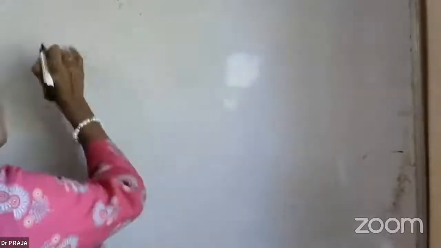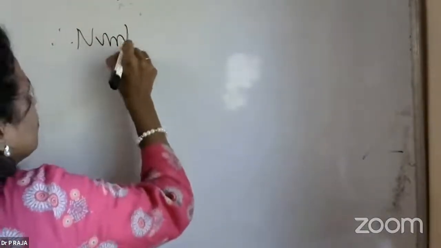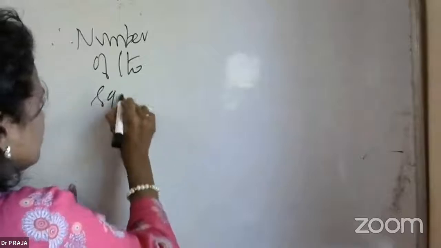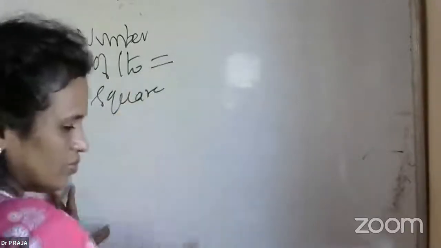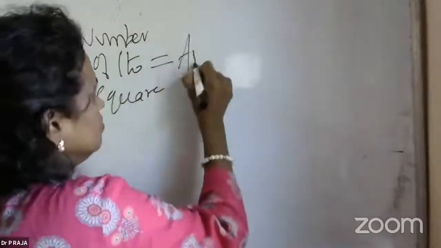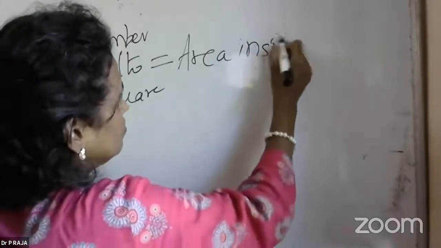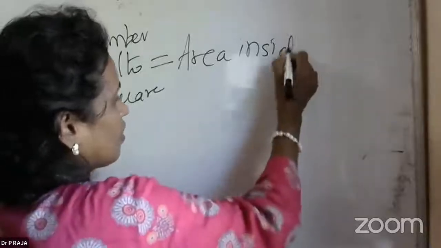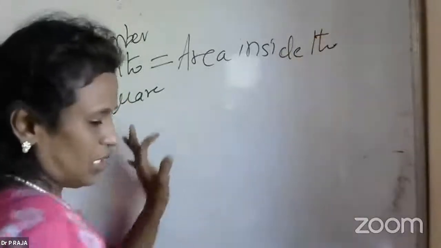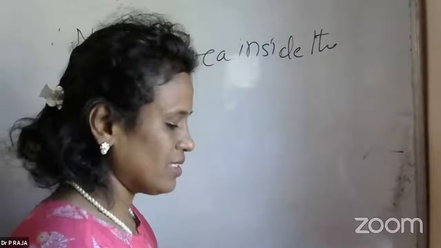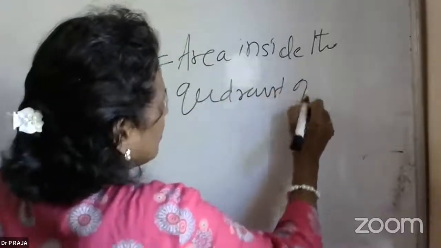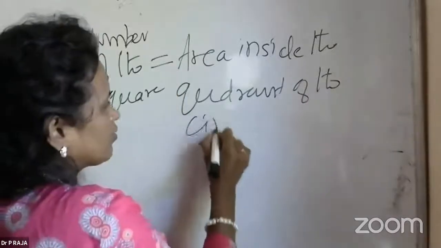So I can say the number of squares is equivalent to the area inside the quadrant of the circle.